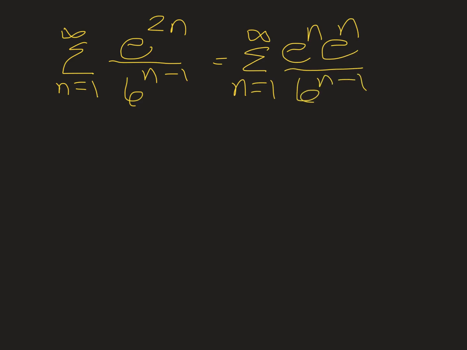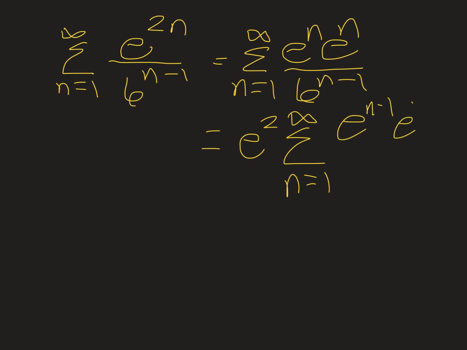And so this basically means I can pull one of each of these e's out in front, like we did with the 7, so I can have e times e, or e squared, times the sum, n equals 1, of e to the n minus 1, e to the n minus 1, over 6 to the n minus 1.